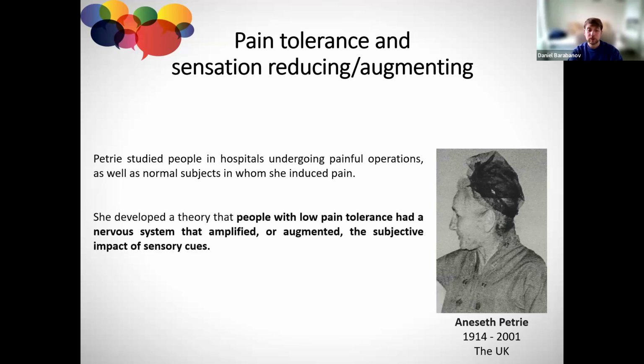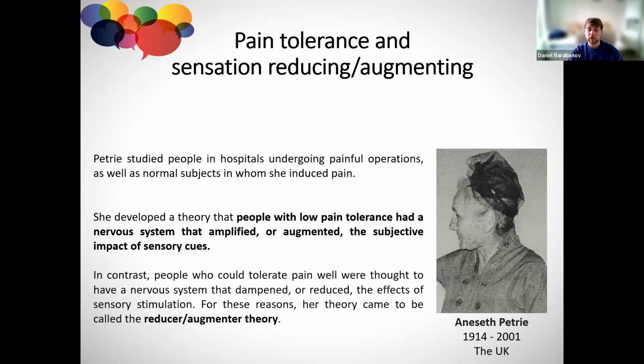So she developed a theory that people with low pain tolerance, so basically, I don't know, you have a very small cut and you're already feeling super hurt, have a nervous system that amplifies the subjective impact of sensory cues. So basically, the nervous system makes your sensation stronger. That's why you're super focused on those sensations. And because of that, it's very hard for you to tolerate pain.